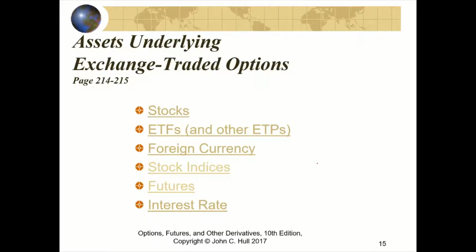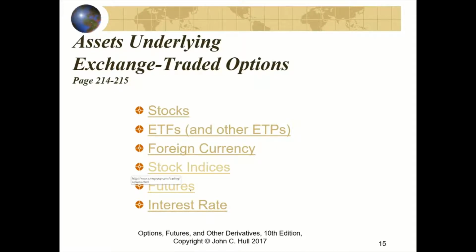There are options on different types of underlyings, but the major types are stocks and ETFs, sometimes called ETPs, exchange traded products, and there are options on foreign currencies. There are options on stock indices. There are options on futures, and there are also options on interest rates.